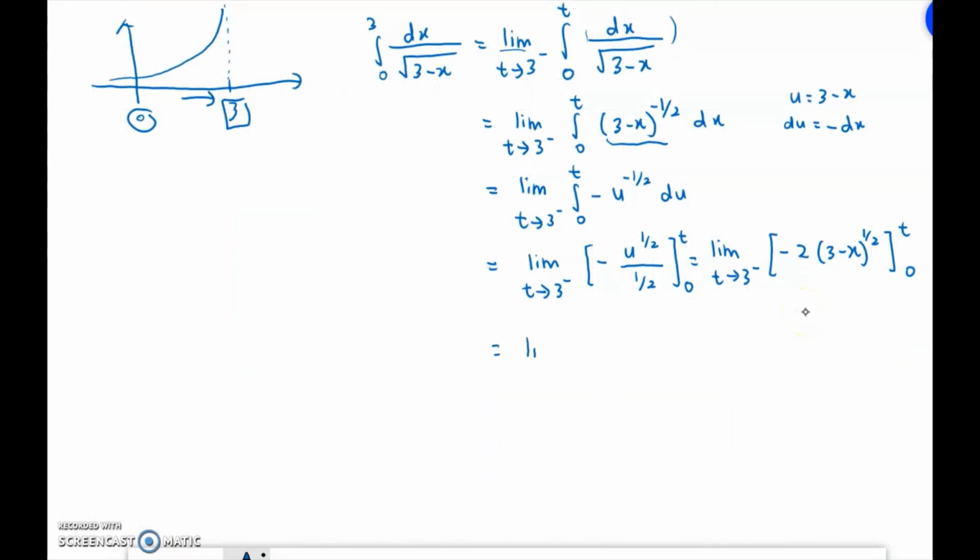Then we substitute x with 0 and t. So we have negative 2, 3 minus t to the power of half, minus negative 2, 3 minus 0 to the power of half.